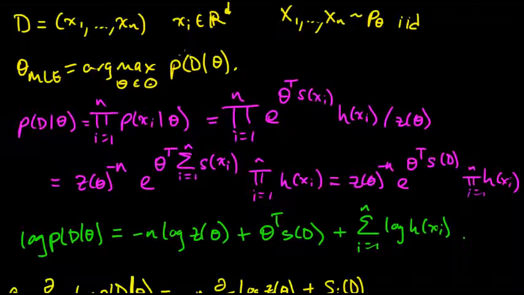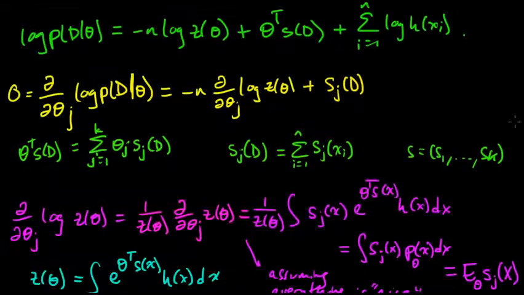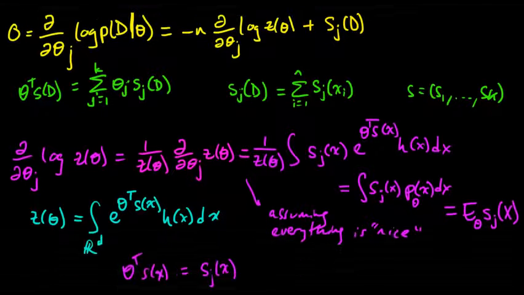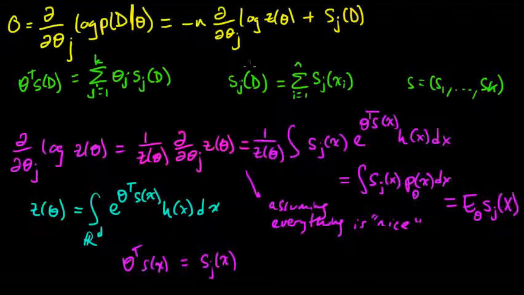We wrote down this is the definition of the MLE, and we got an expression for the likelihood function. We took the log, and we differentiated it to figure out what to solve for the maximum. And we got this, and we had to evaluate the derivative of the log of the partition function, log of z of theta.